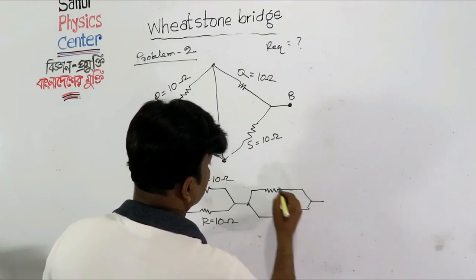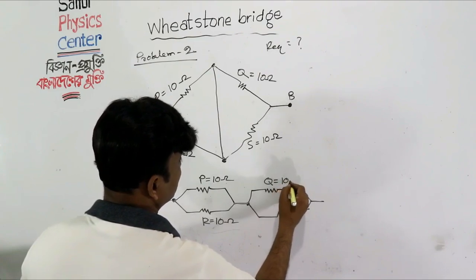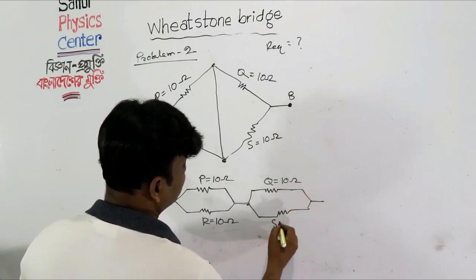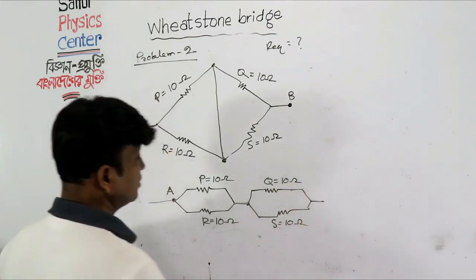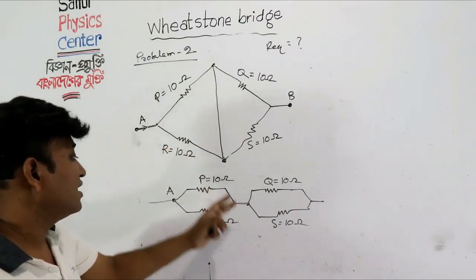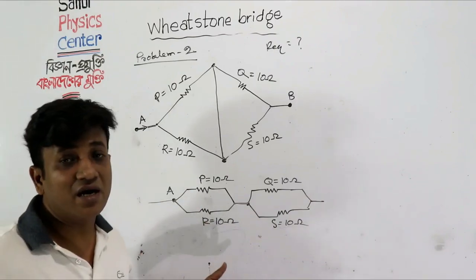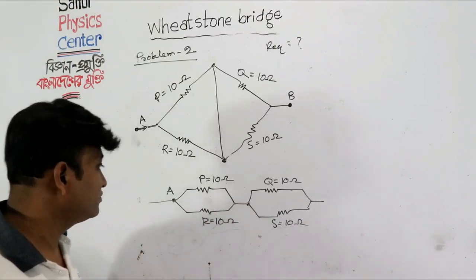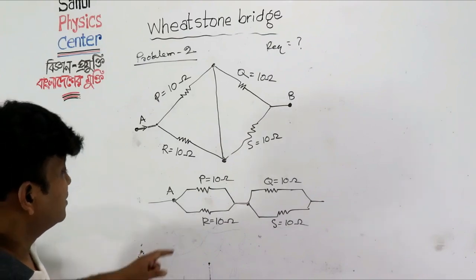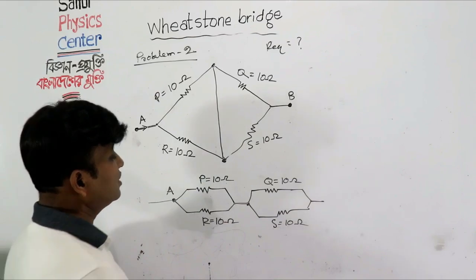Here the value of Q is 10 ohms and the value of S is 10 ohms. We can rearrange this circuit like the circuit which I drew below. So what is the equivalent resistance of P and R?